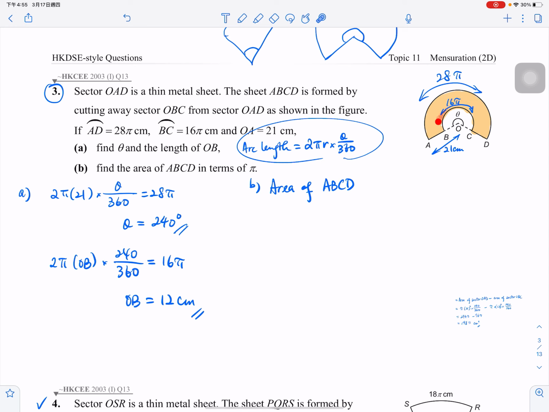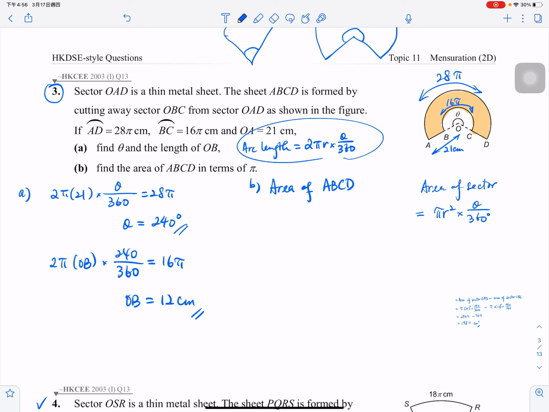How to find the area of this part? The bigger sector minus the smaller sector. Good. How to use the formula of area of sector? Do you remember? Can you answer this one? The formula of the area of sector is circle area times theta over 360.